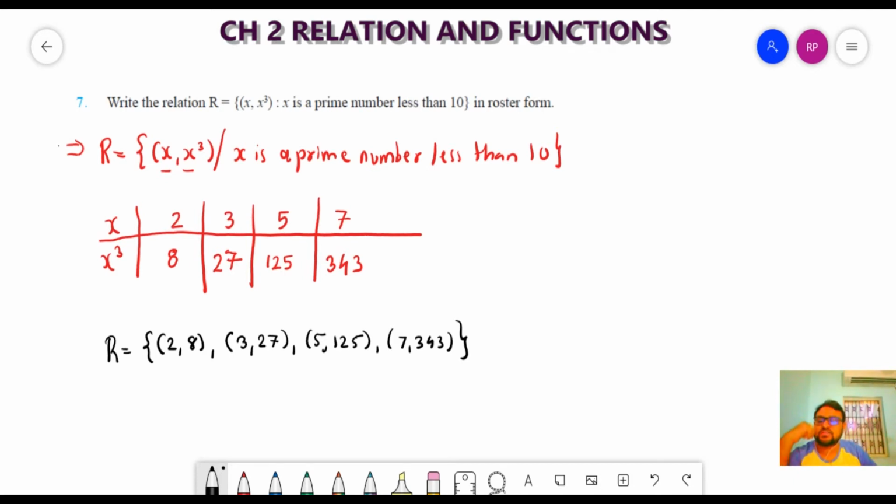Here domain is not asked. If the domain was asked, it will be 2, 3, 5, 7, and the range will be 8, 27, 125 and 343. Clear? So this was about question number 7. So just note it down.